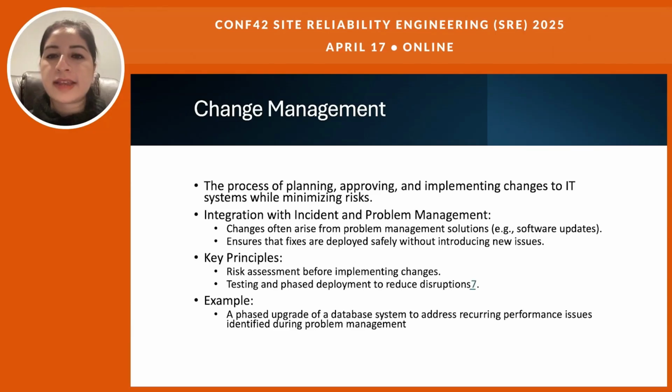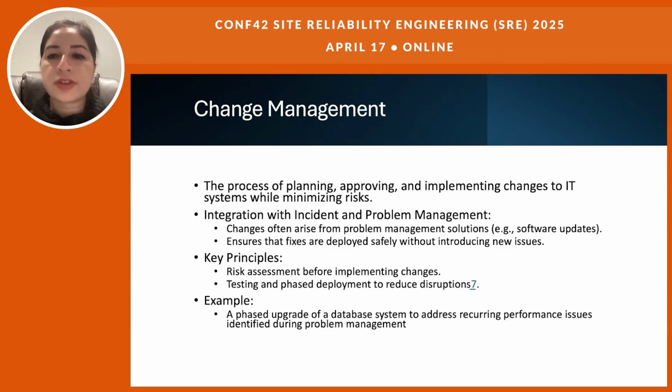An example would be: suppose your team identifies recurring performance issues with a database system during problem management. Change management would oversee a phased upgrade of that database system, testing it thoroughly before rolling it out across all environments to ensure minimal risk of downtime or new issues.